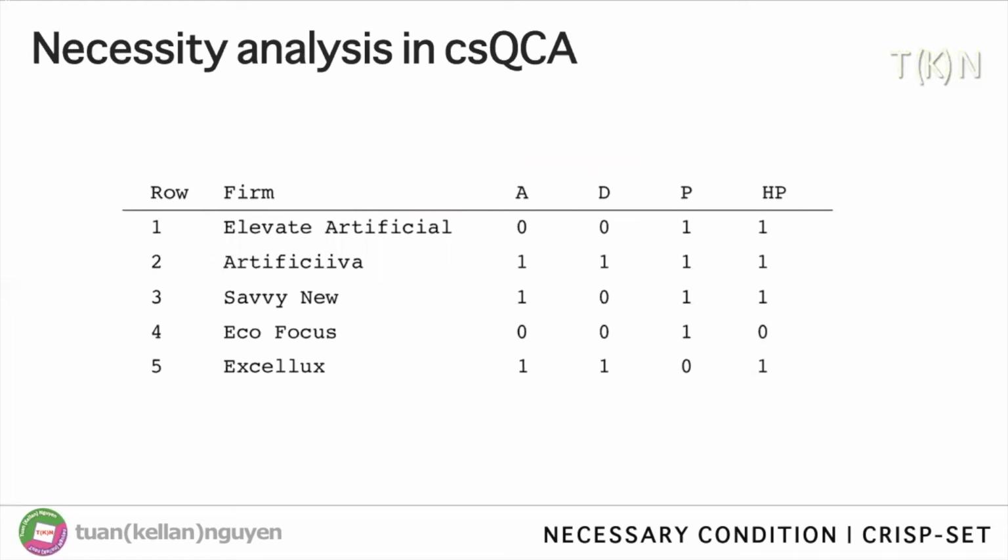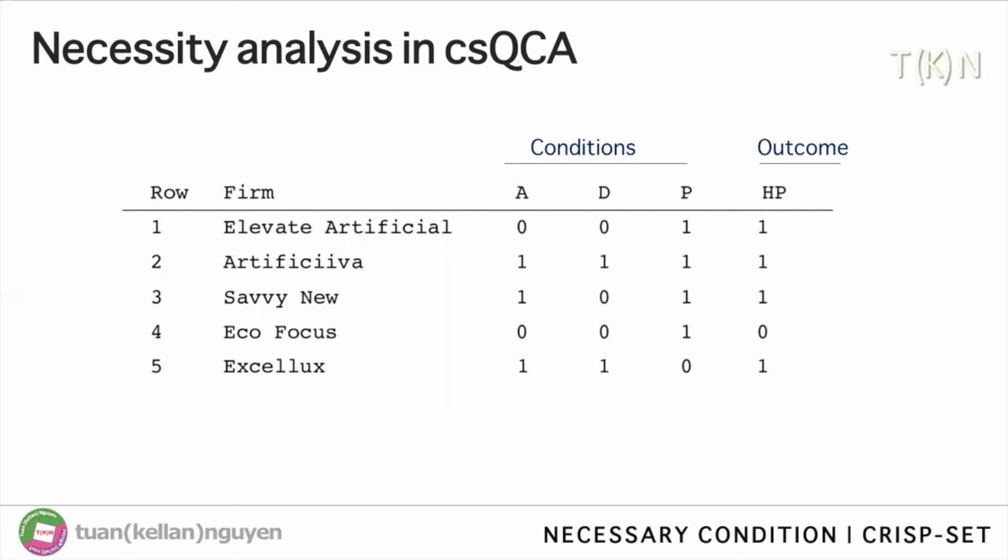Let's use one example as a case of necessity for QCA. We are interested in examining the conditions for a high performance outcome. Theoretically, we expect three condition sets: A stands for firms investing in AI, D stands for firms investing in data, and P stands for firms investing in people, to be necessary for the outcome HP, high performance firms.